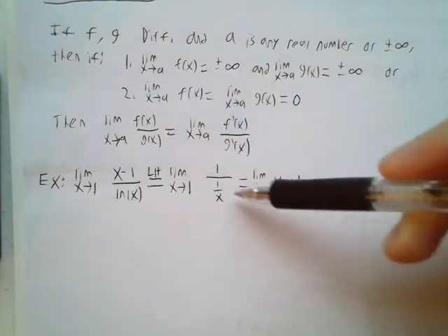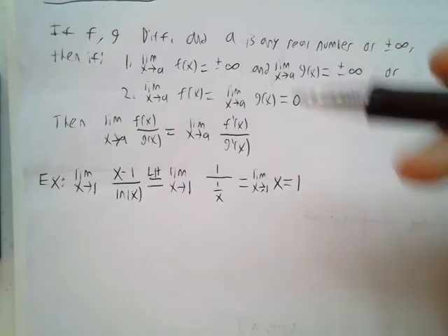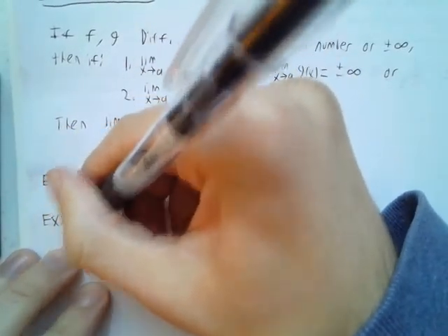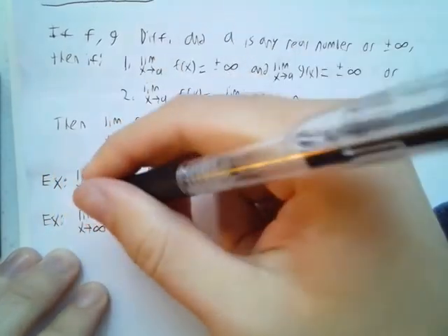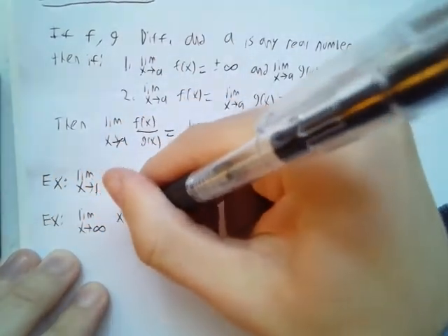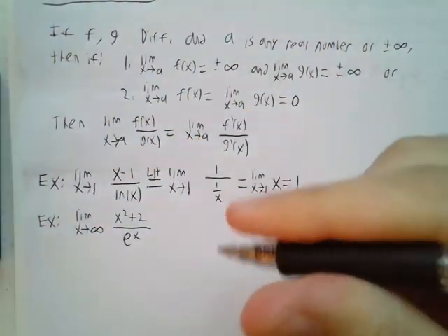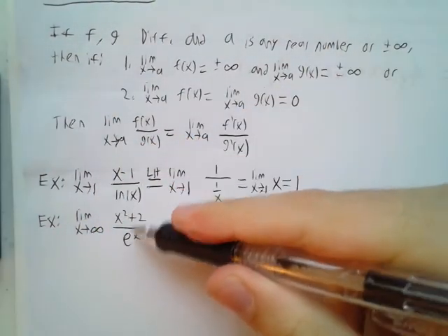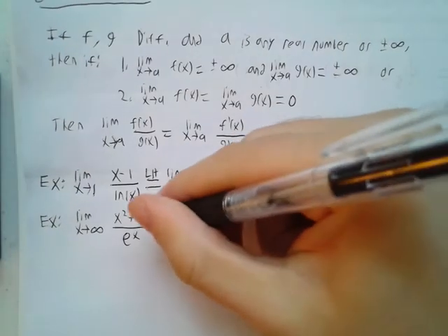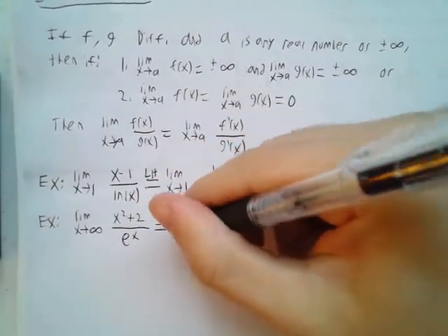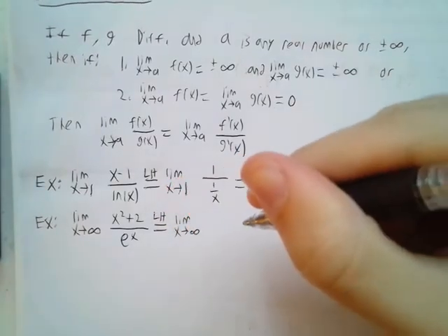A slightly harder problem you can have is one where you have to use L'Hopital's rule multiple times. So if you look at this one, you'll see that you have an indeterminate form of infinity divided by infinity. So you can apply L'Hopital's rule and get this equals the limit as x goes to infinity of 2x divided by e to the x.